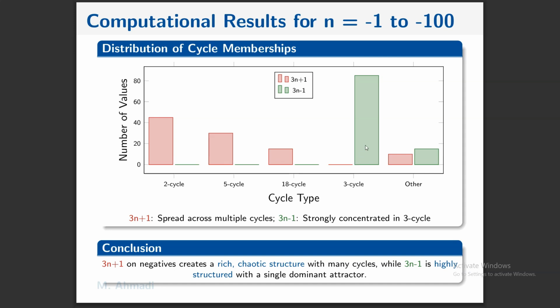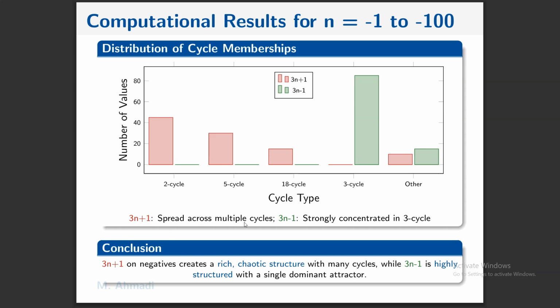For 3n-1, about 85 of the numbers go to the 3 cycle, and the others go to other cycles.